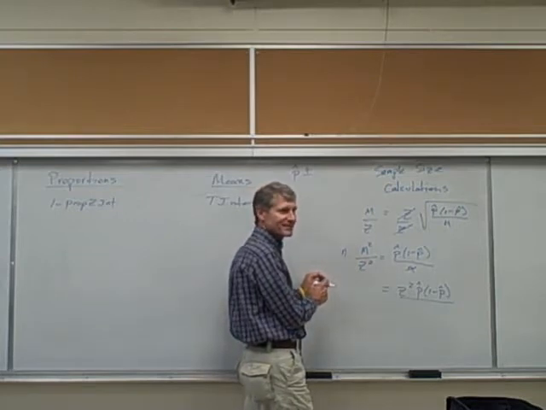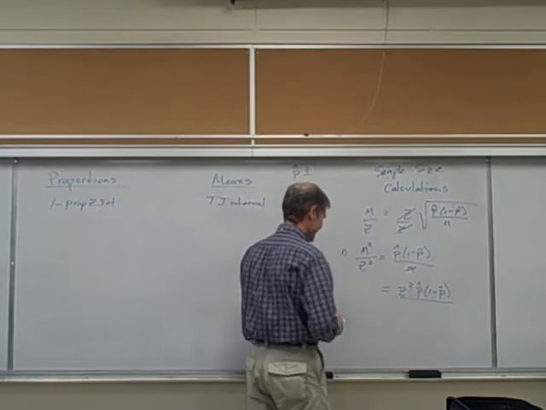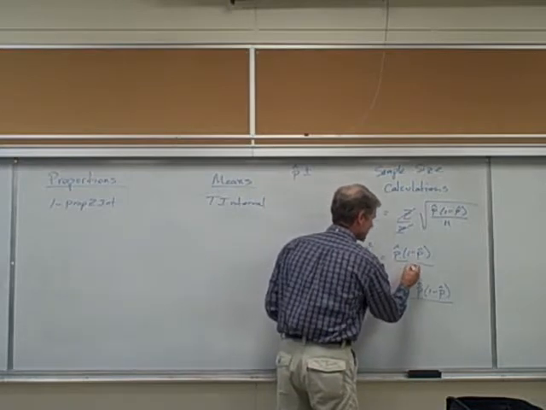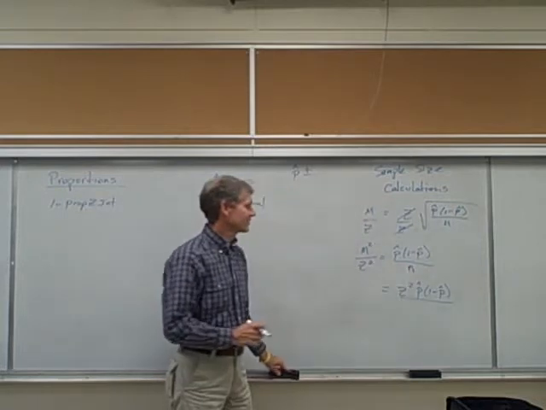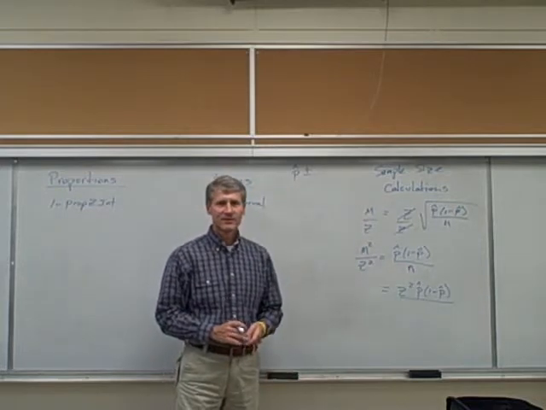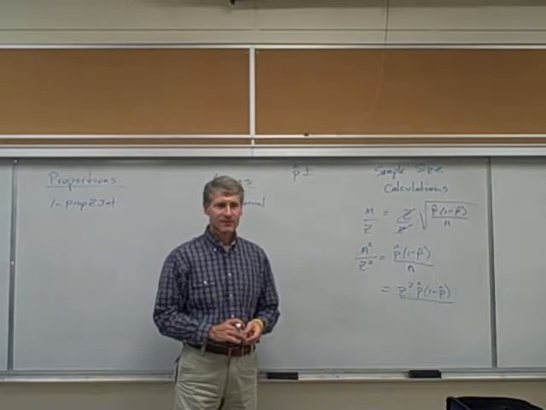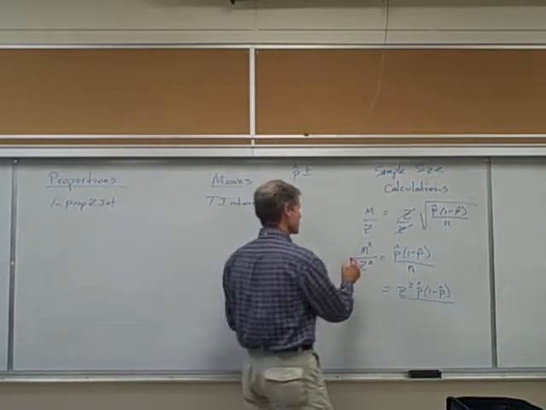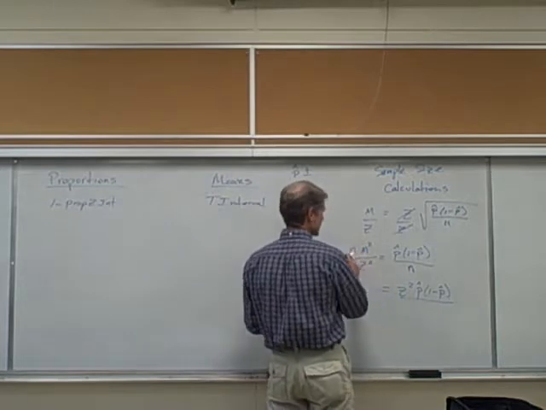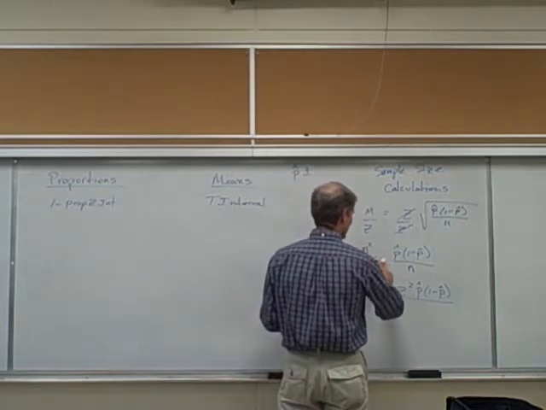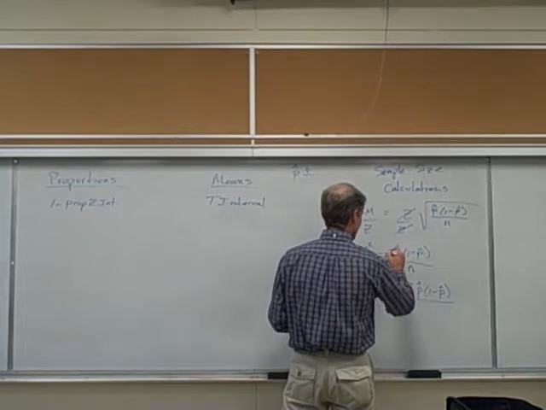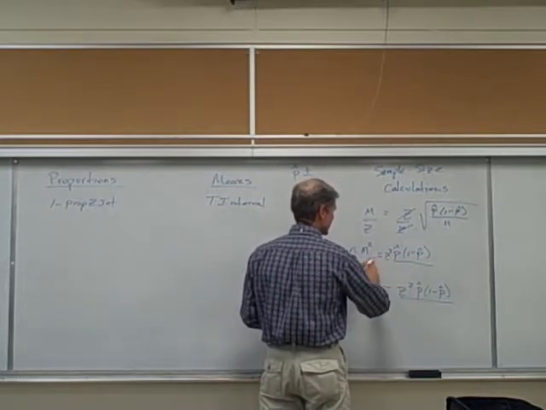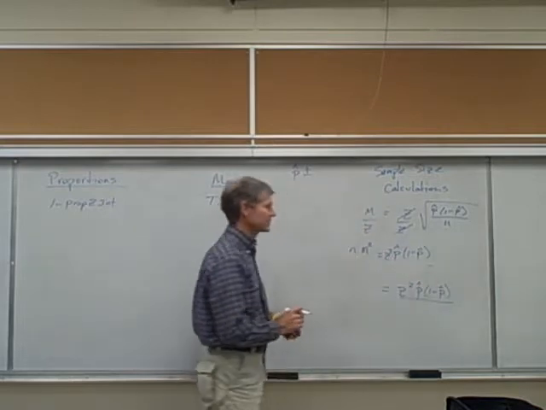Everybody following me? No? Okay. Back to here. If you have a fraction equal to a fraction, what can you do? Multiply by the denominator. Okay, cross multiply, right? Remember doing that? So I'm going to cross multiply and I get n times m squared equals z squared times that, right? So I come down to that equation.